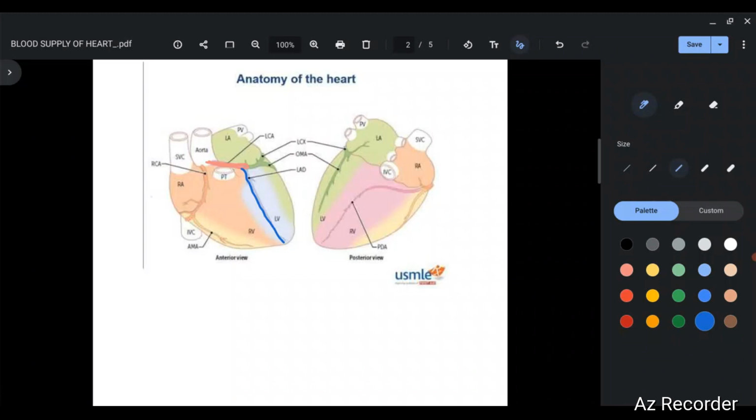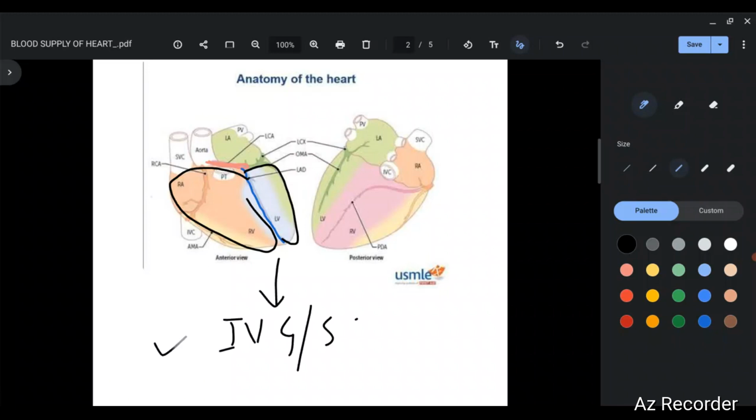Very easy. This is your right ventricle, this is your left ventricle, and between the two ventricles you have a groove known as the anterior interventricular groove or sulcus. So your left anterior descending artery is present in your anterior interventricular groove. Now tell me, which artery is present in your posterior interventricular groove or sulcus? Obviously it's your posterior descending artery.